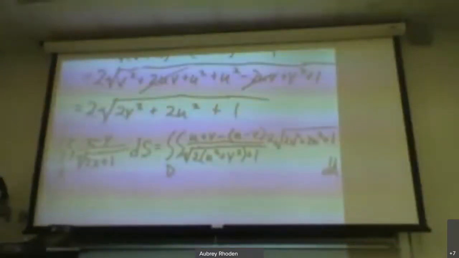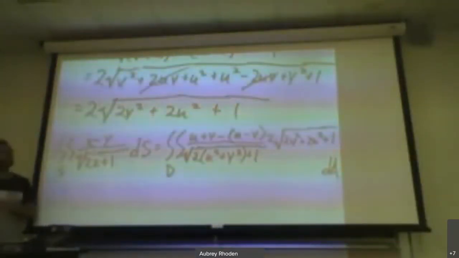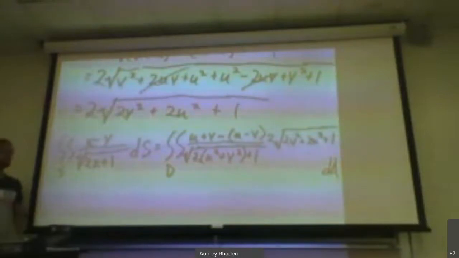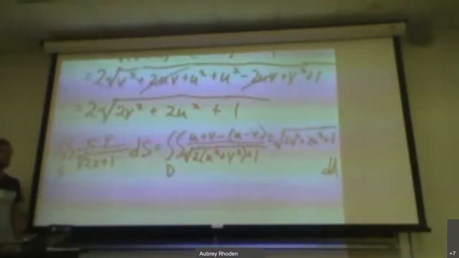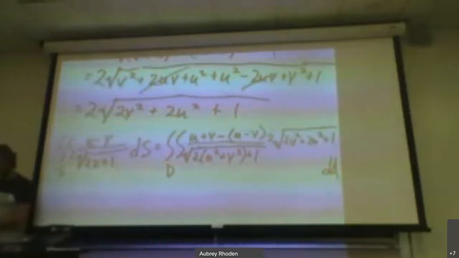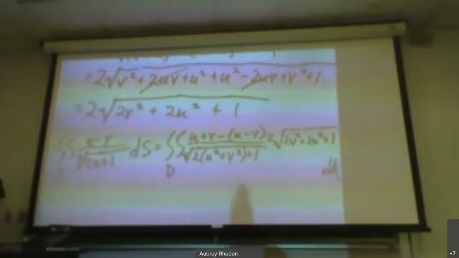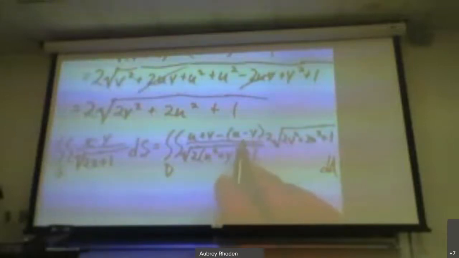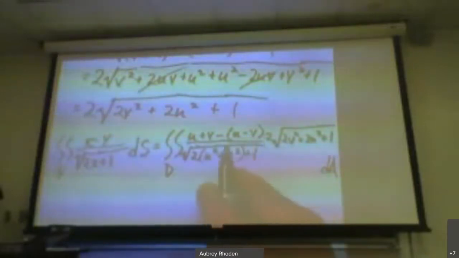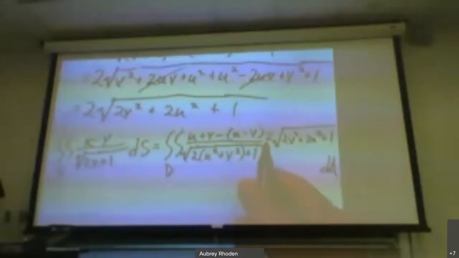Okay, and now you can see that the magnitude of RU cross RV cancels out with the bottom. And we also have the u minus u, that's going to cancel out. And so what this basically comes down to is I'm going to have a v and a negative of a negative v, and they end up canceling each other out. So that becomes 2v. And then we have another 2 right here.